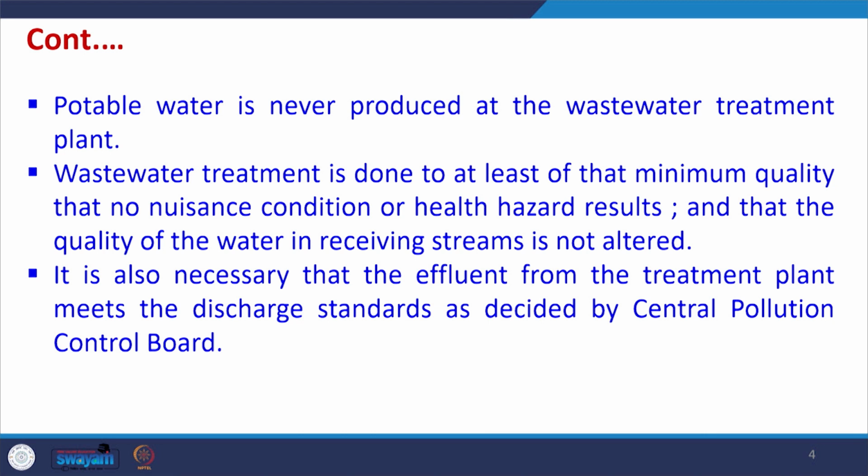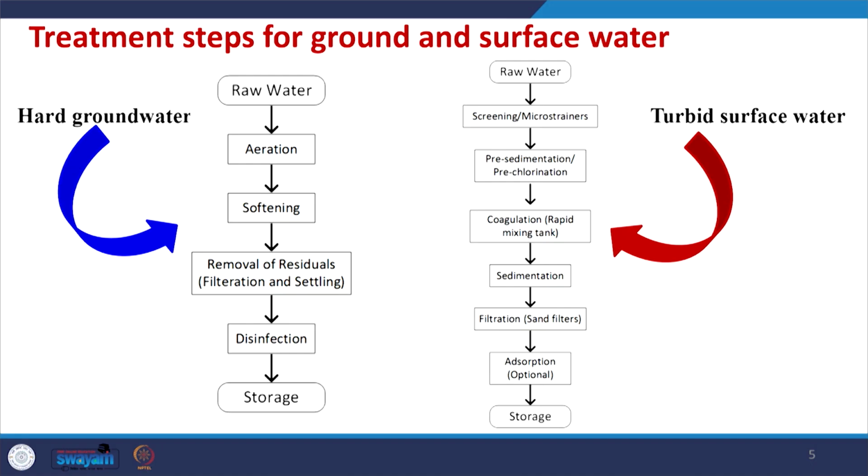It is also necessary that the effluent from the treatment plant meets the discharge standard as prescribed by the Central Pollution Control Board. Now, there are various steps or unit operations which are performed for treatment of ground and surface water, and this is done to get water for drinking or for other uses.